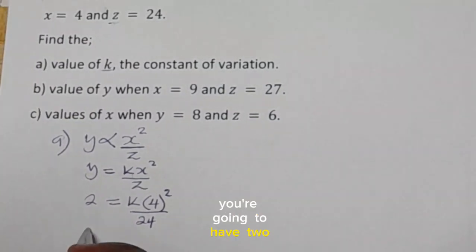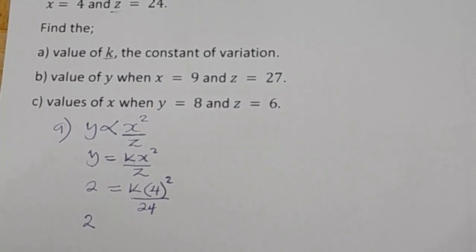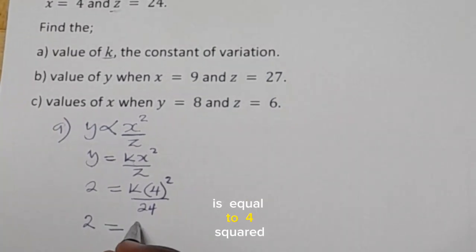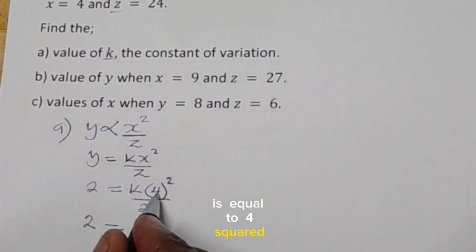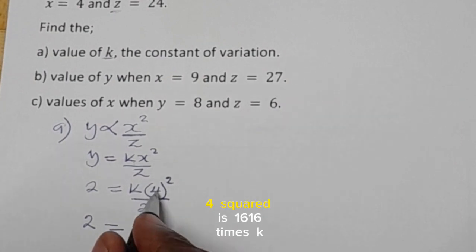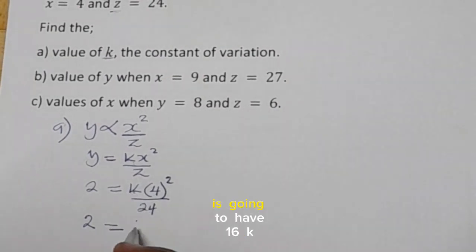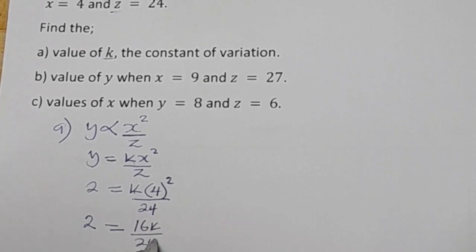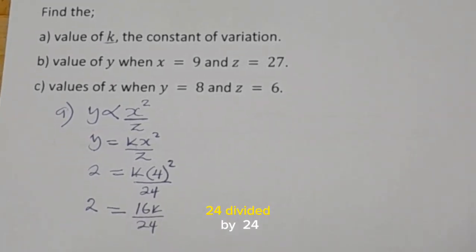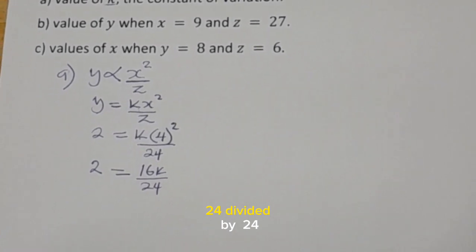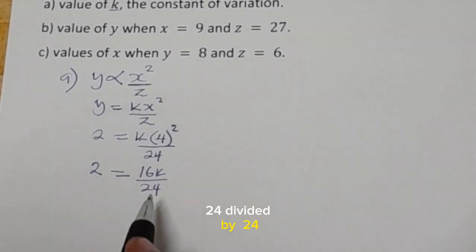So you're going to have 2 is equal to 4 squared, which is 16, times k, so 16k divided by 24.